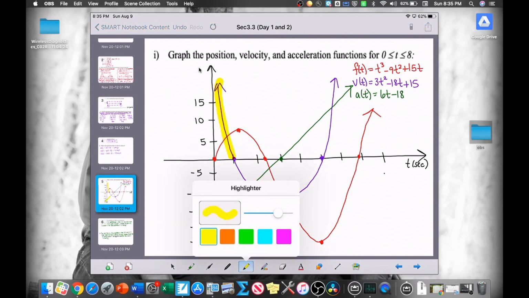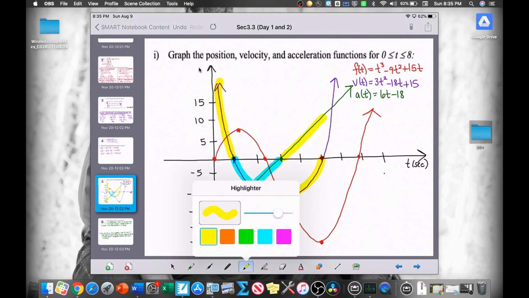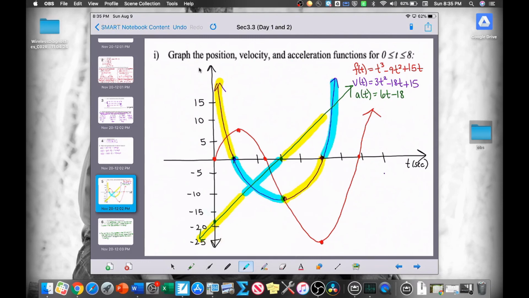But then they're both negative for a while, right? They are both negative until right here, when the green graph goes above, and then they have opposite signs for a bit again, right? Then they have opposite signs until about right there, and then once the purple graph goes above the x-axis, they have the same sign again. So there's kind of a color-coded explanation of when the particle is speeding up and when it is slowing down.